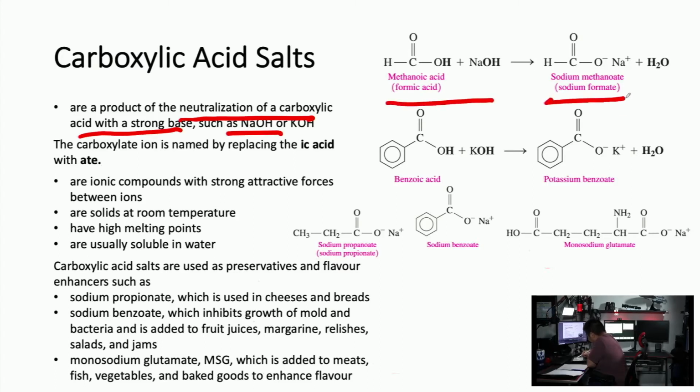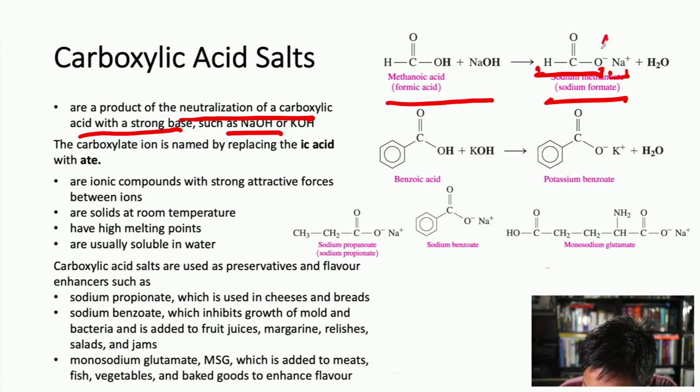You get sodium methanoate, which is an ionic compound, right? That has the acetate ion right there. Oh, sorry, the formate ion right there, right? And the sodium ion there. And the hydrogen that used to be here, right? It's no longer here because it was added over to make the water from the hydroxide ion of the sodium hydroxide, right?